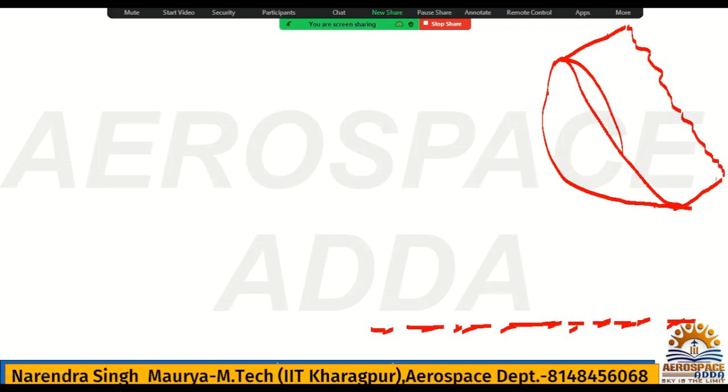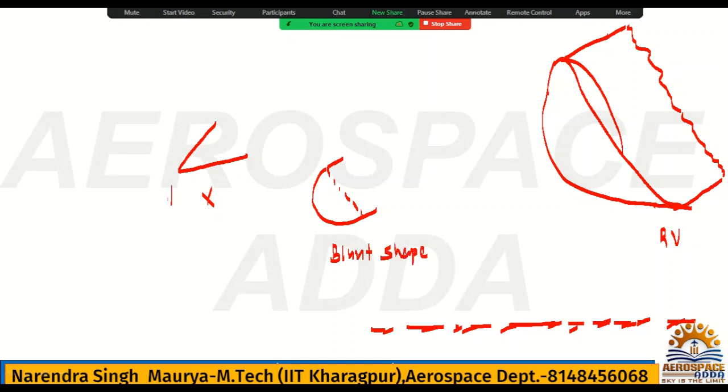The point is that the shape of the re-entry vehicle is not a sharp corner, it is not like this. It is a blunt shape, like this. Try to understand, this is the blunt shape, and this is the sharp one.